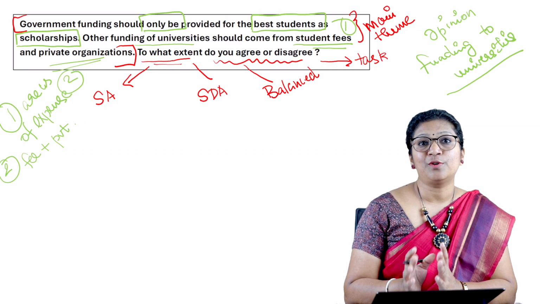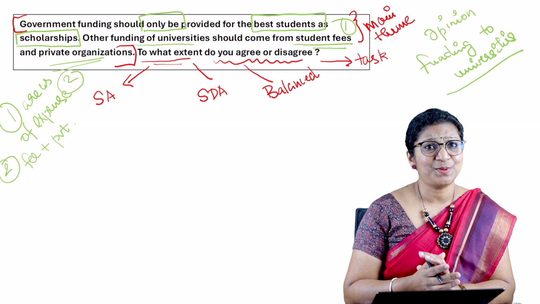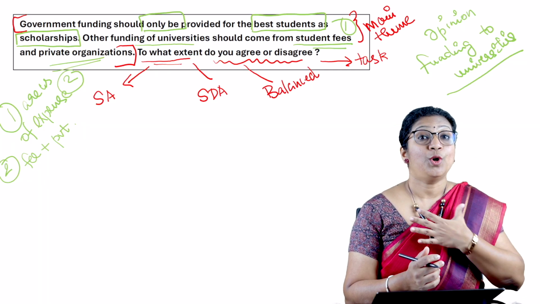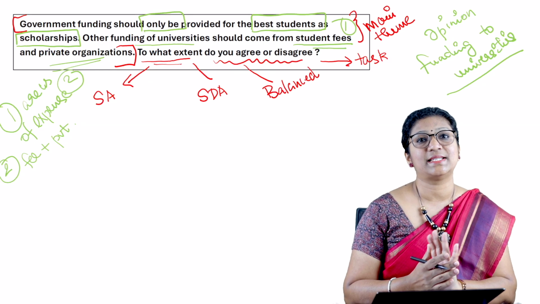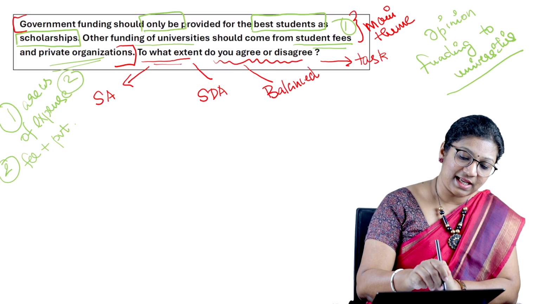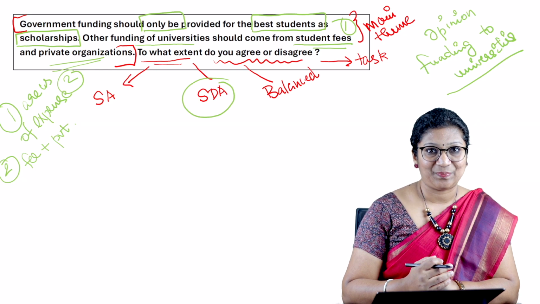Now, if the government focuses only on the academically strong students, wouldn't the other students suffer? So these are questions for you to ask yourself, to think of what opinion should I have as a student? Should I be fully agreeing with it or fully disagreeing with it? So let's pick one here. Let's disagree. Let's think of a strongly disagree essay.